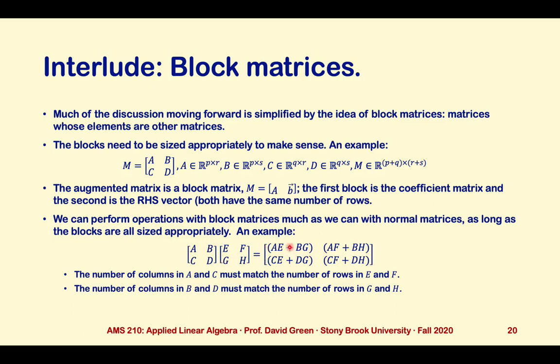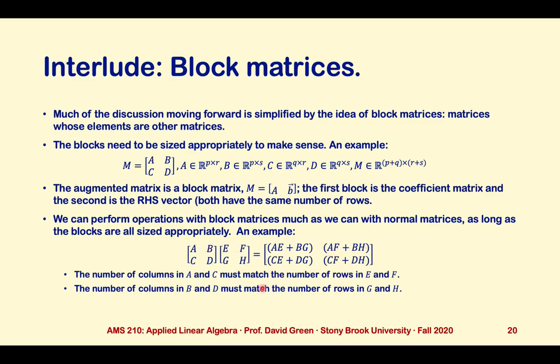This looks exactly the same as what we would do with regular matrix multiplication, walking along a row and along a column, but we're applying this to the block matrices. The same thing for the second entry of the first row: walk along the first row, the second column, A times F plus B times H, and so on.